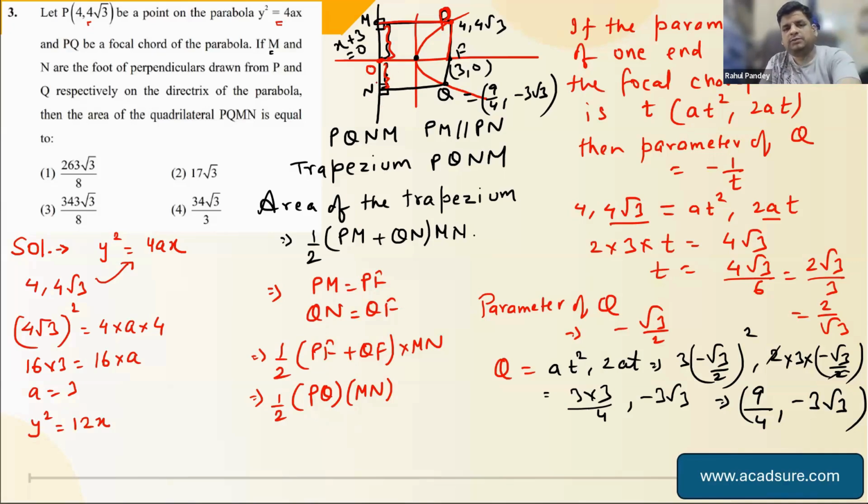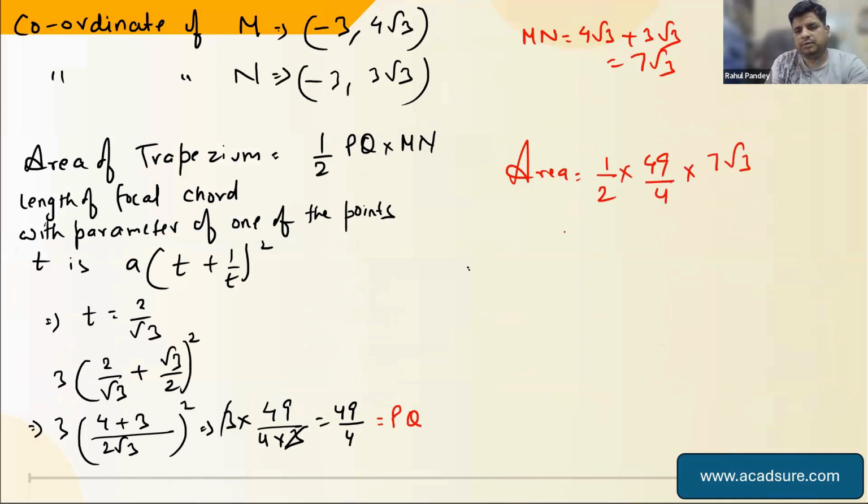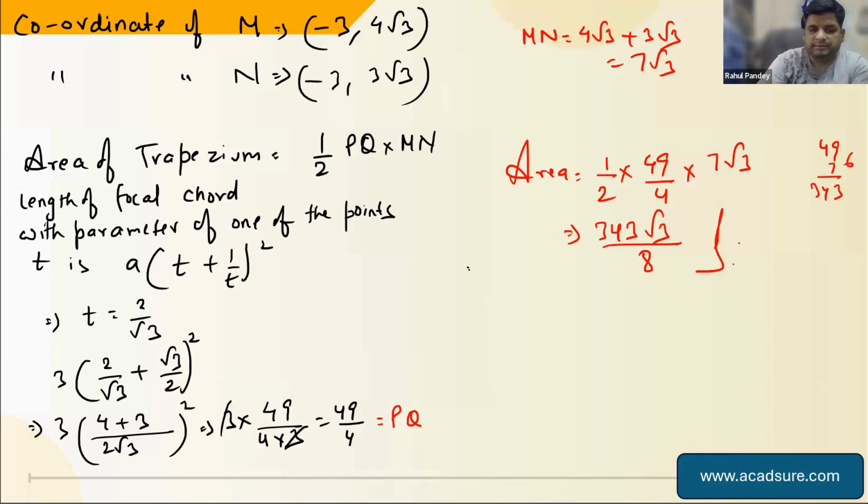So the length of MN is 4√3 plus 3√3, which is 7√3. So finally the area would be half into 49/4 into 7√3, which is 343√3/8. This is the answer.